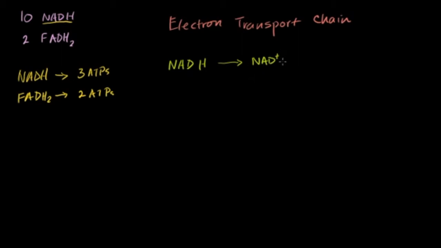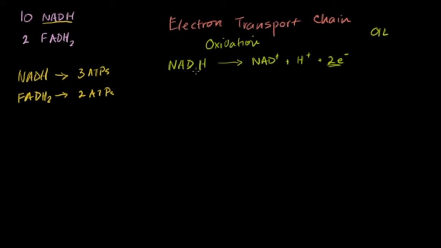You have some NAD+, a proton, right? A positive hydrogen ion is just a proton. And then you'll have 2 electrons. This is the oxidation of NADH. It's losing these 2 electrons. Oxidation is losing electrons. Oil rig. Or you can imagine it's losing hydrogens from which it can hog electrons. Either one of those is the case.